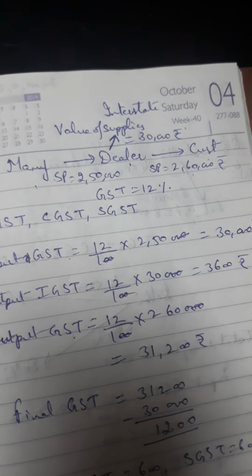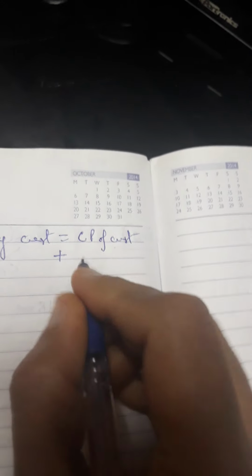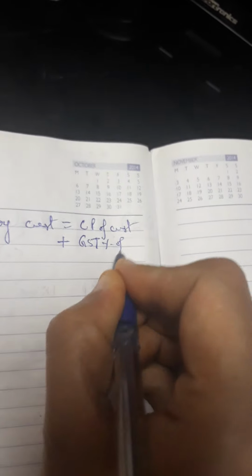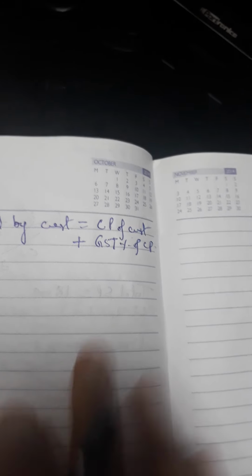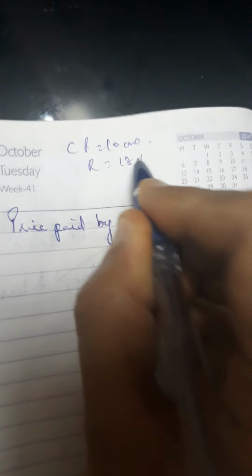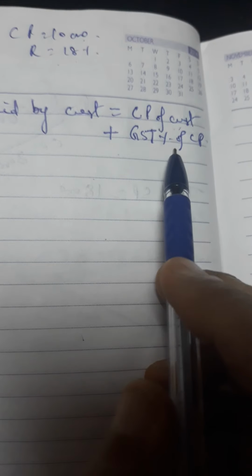So this price is cost price of the customer plus GST percent of cost price. Like cost price suppose is 10,000 and rate of GST is 18%. So we take 10,000 plus 18% of 10,000. So that is cost price plus GST percent of cost price. That is the price paid by the customer.